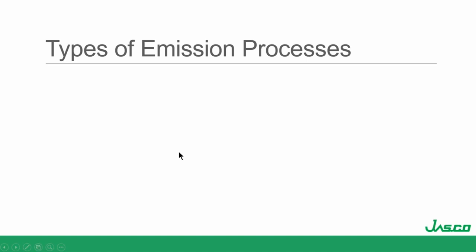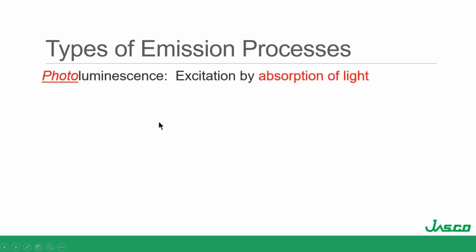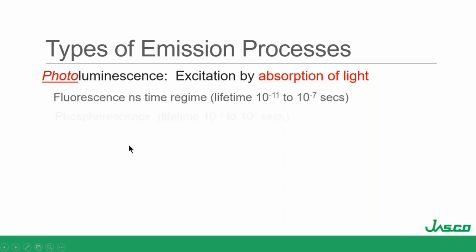Now, in terms of the types of emission processes, there's basically the three that we looked at: photoluminescence, which includes fluorescence and phosphorescence. Fluorescence being on more of a nanosecond time frame, phosphorescence much longer lived in the millisecond to hundreds of seconds and even longer.